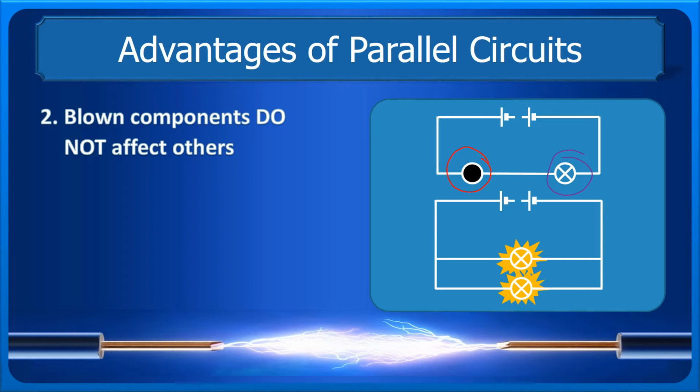However, in a parallel circuit, if one of the components on a particular branch blows, say for example this one, then this will not affect any other components. So the other bulb that's down here will continue to work because we've got this continuous loop allowing the current to flow from the energy source through the component back to the energy source.